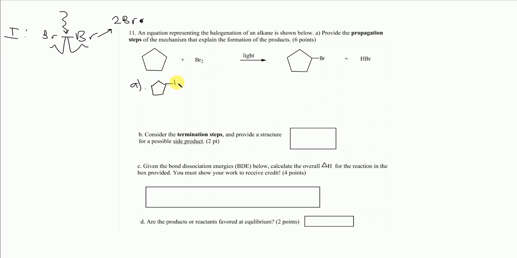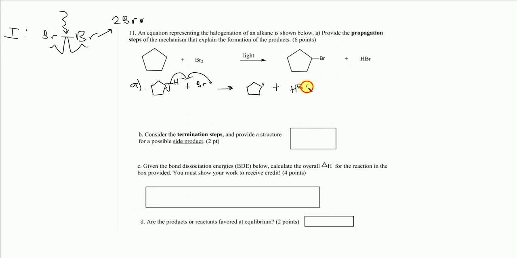So the propagation step is part A, where I have this thing, and I have a hydrogen drawn out, plus Br radical, and it's going to come, all right, and a radical goes right there. Okay, plus HBr is formed.